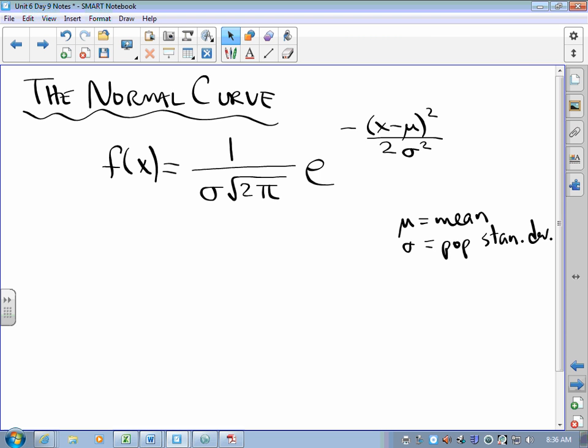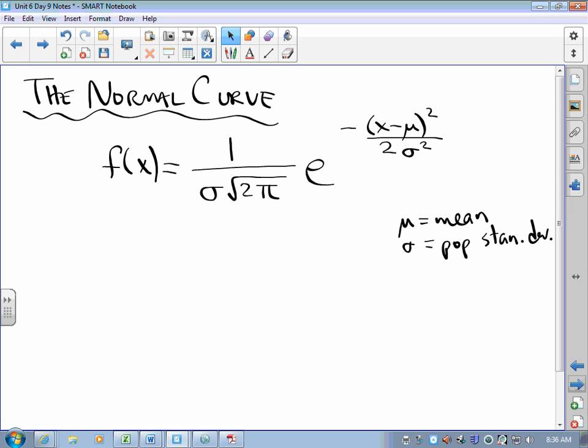It can be shown that the area under this curve from negative infinity to infinity is 1, because the sum of all possible probabilities is 1.